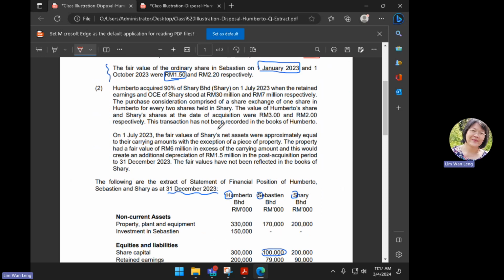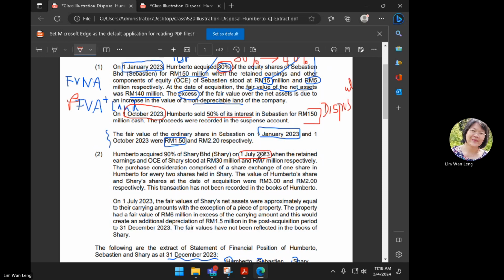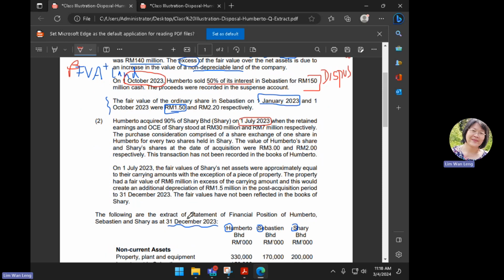Now we look at Sherry. Sherry is the second company. So in terms of Sherry, it was acquired on 1st July 2023. So that means partway through the year. So be careful. Year end was 31st December 2023.